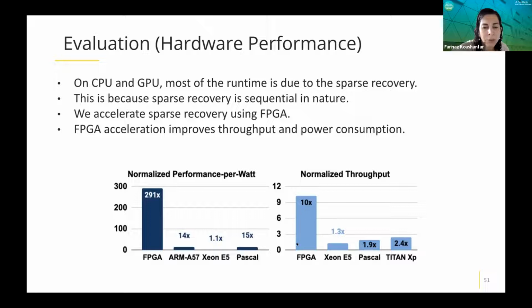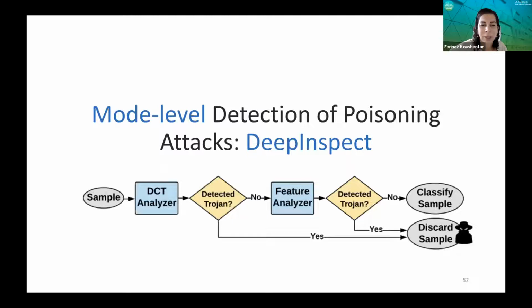You see here that the throughput is about 10 times improved using FPGA because it can parallelize the OMP task, the orthogonal matching pursuit task, and even more impressive has been the performance per watt. So if you're trying to use these in real-time systems, you want customized hardware acceleration like FPGA. Okay.